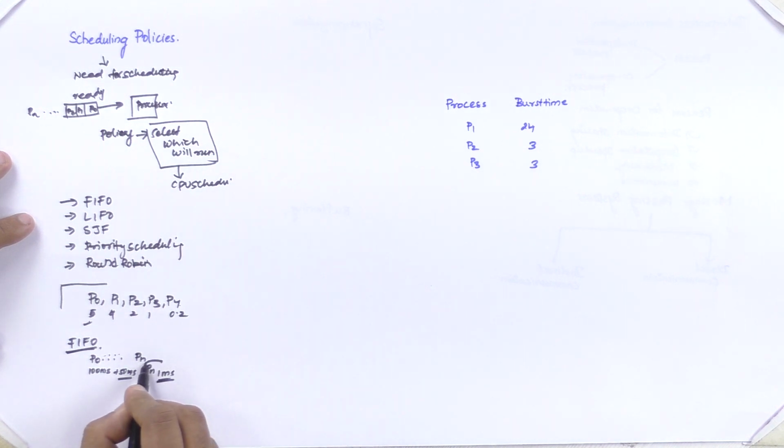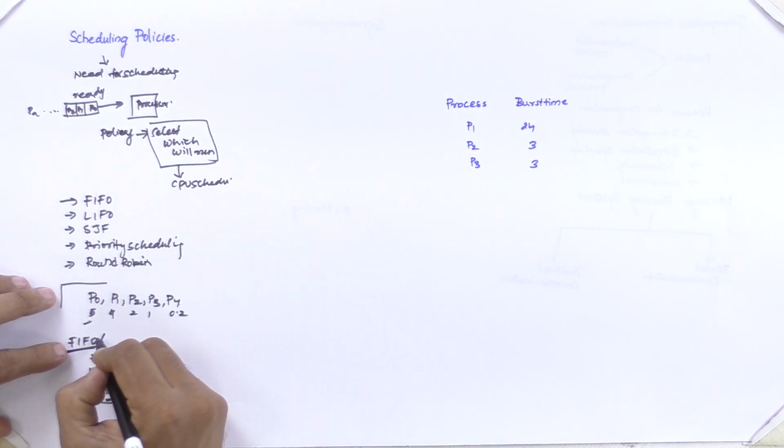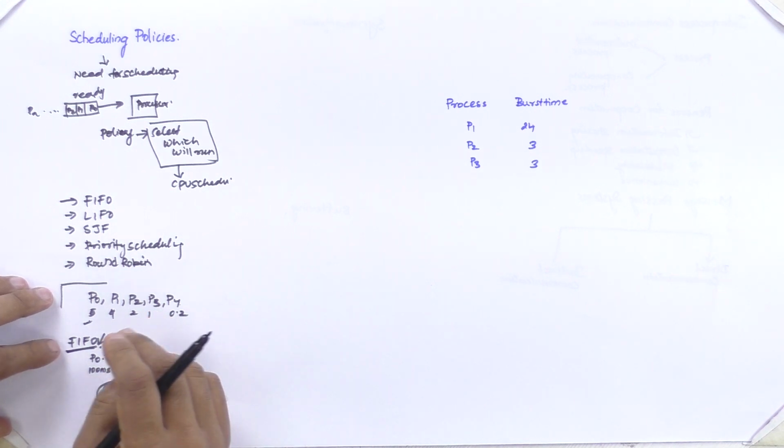This last process has to wait 150 milliseconds to complete its 1 millisecond of work. So this is a problem in the first in first out strategy.